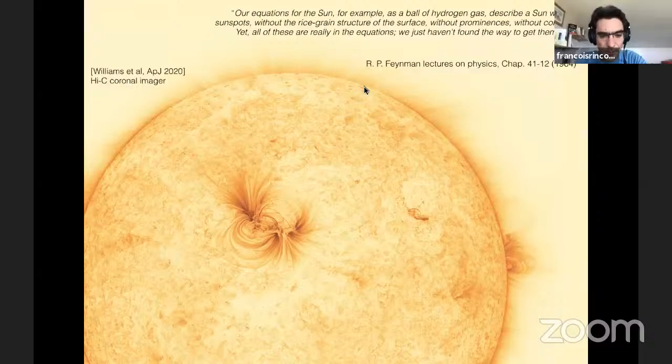The resolution of this image is such that if you take the pixel, or the smallest physical detail that you can see in this image, and the scale of the sun itself, the ratio between these two scales is of the order of 10,000. And of course, this is due to a resolution limit of the instrument. It's not due to a physical process. There's some much bigger scale separation available to physical processes in the sun.